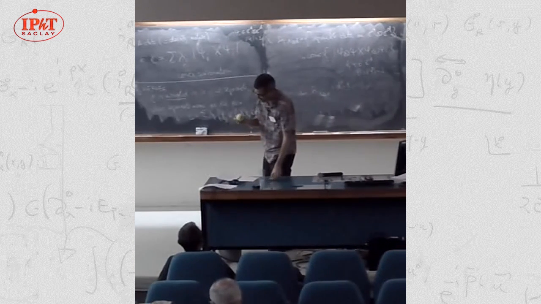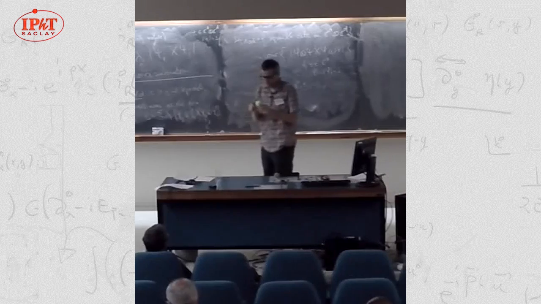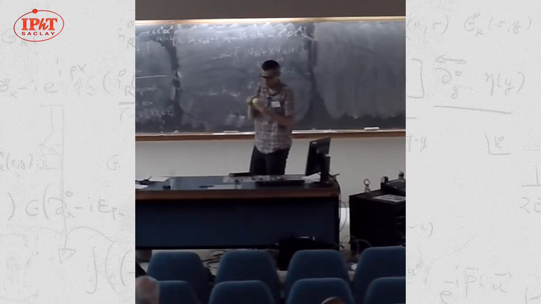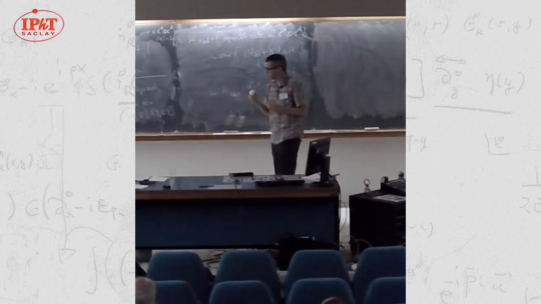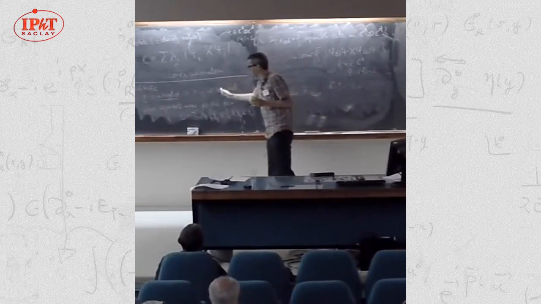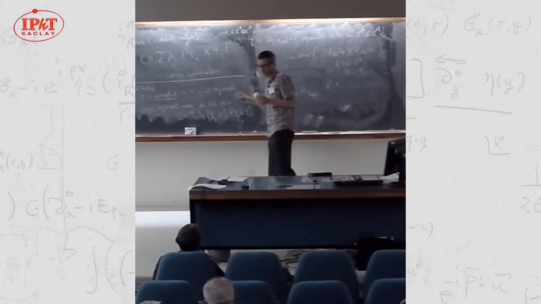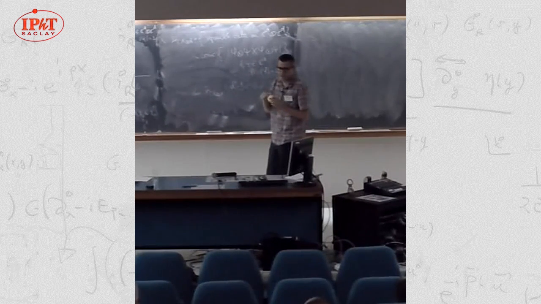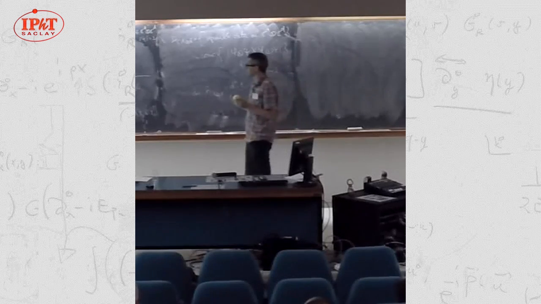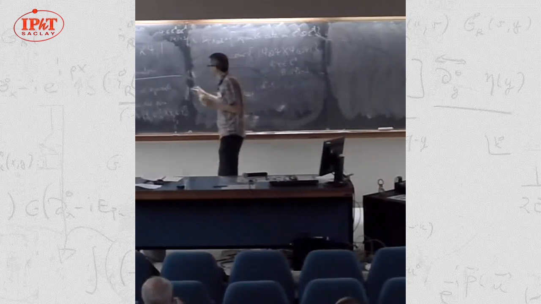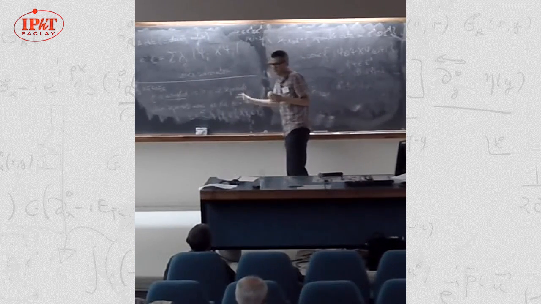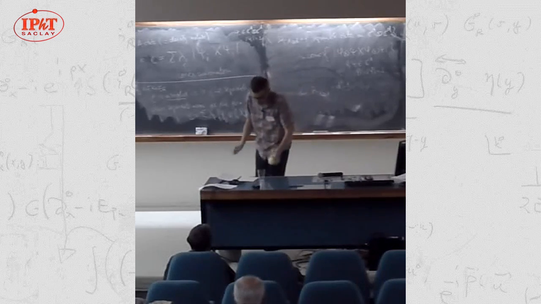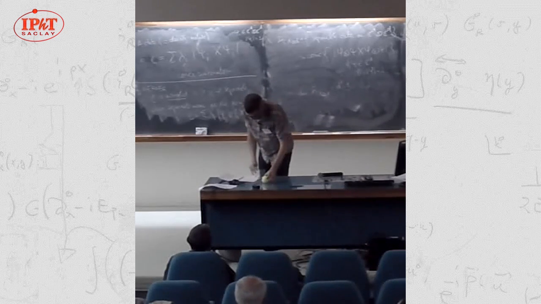So why do I take this object? Because you see on this ball there is a line which is a submanifold, and taking the convex hull of this line is a bit the same as defining separable states. In this analogy, this line corresponds to product vectors, and what you get when you fill the convex hull are all the separable states. I will keep this analogy in mind, and it will be useful at several places.